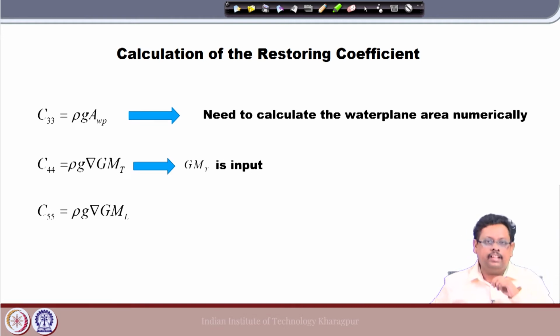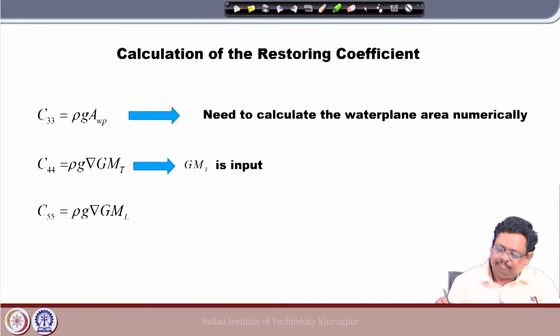Remember, this is the typical ship nomenclature we use for the volume. Everything is known to me, and GMT is basically an input, so we have nothing to do with that; we cannot geometrically calculate GMT.